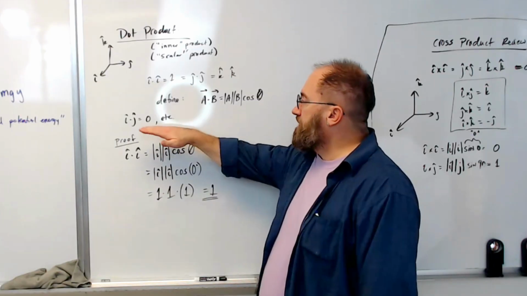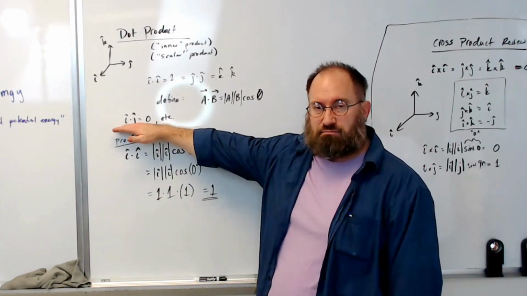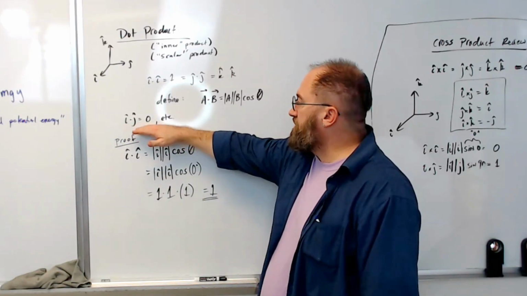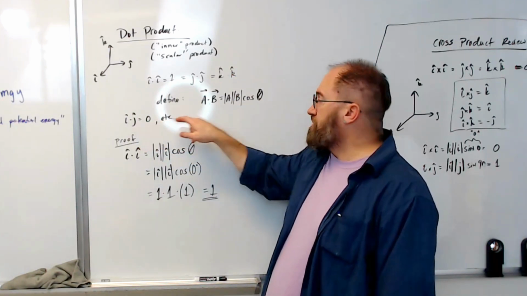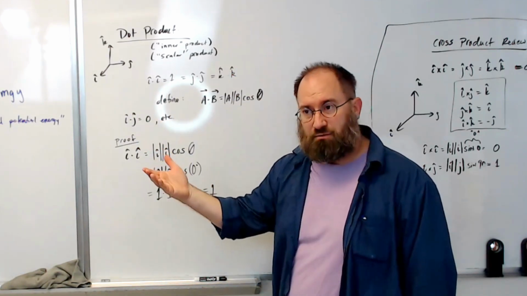We also want i dot j, going along those two axes, to be 0. Cosine also meets that condition because these are 90 degrees to each other, and cosine of 90 degrees is 0.